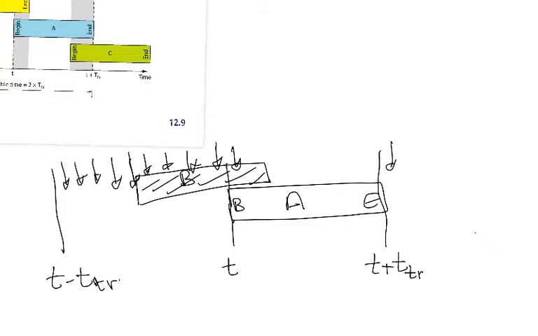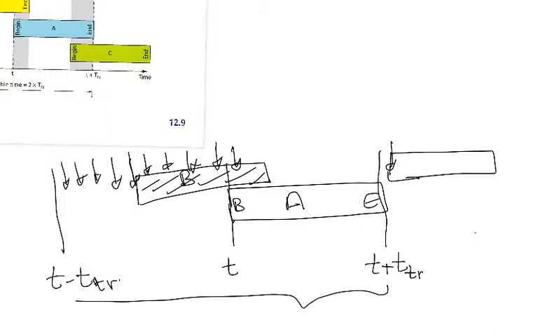The only time that there will be no collision is if the node starts at a time above t plus the transmission time. If a node transmits after this time, then the collision will not happen, which means that all the time before it is the vulnerable time: if any node transmits within this range, a collision will happen.